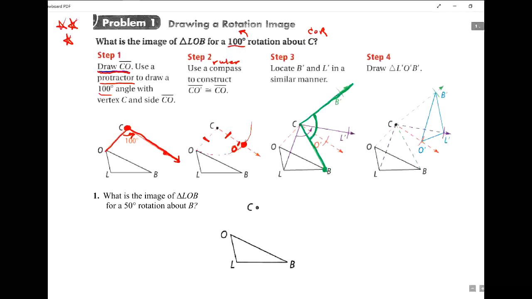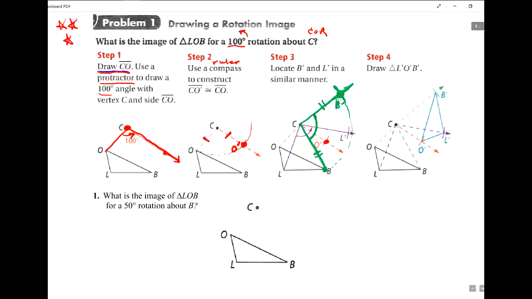And then we take either our compass or our ruler, and we measure the length of CB, and we make CB prime, or we take our compass until it comes here, and then we have point B prime. So we now have point O prime and point B prime.